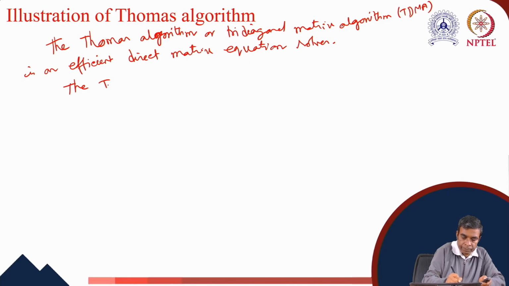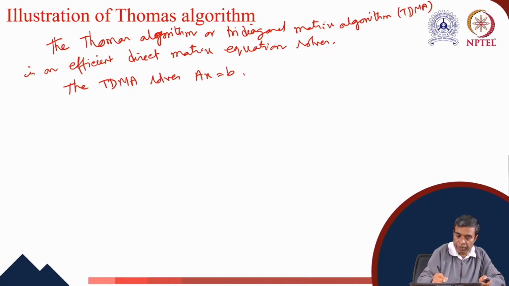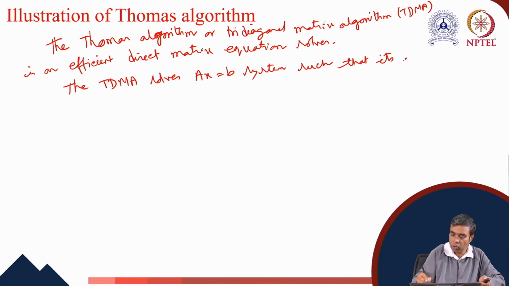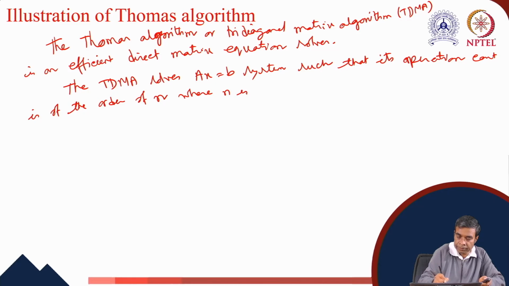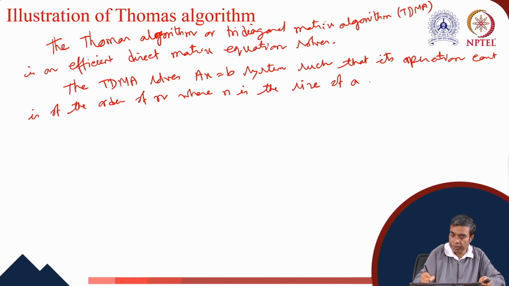The TDMA solves AX equals to B system such that its operation count is of the order of n, where n is the size of a square matrix.